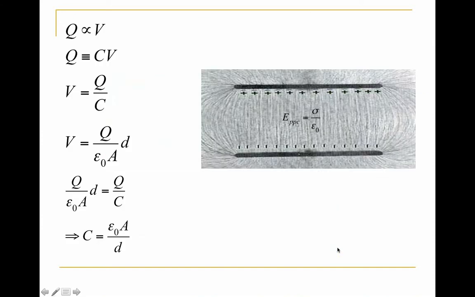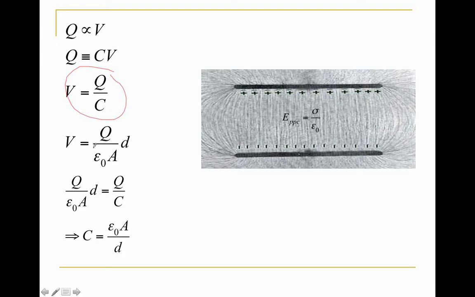All right, so we experimentally know that Q is proportional to V, and the constant of proportionality is C. So if I set my V equal to Q over C, that's my first formula.